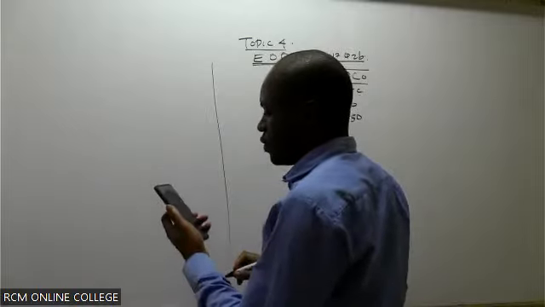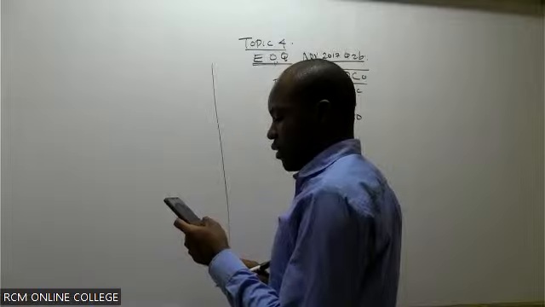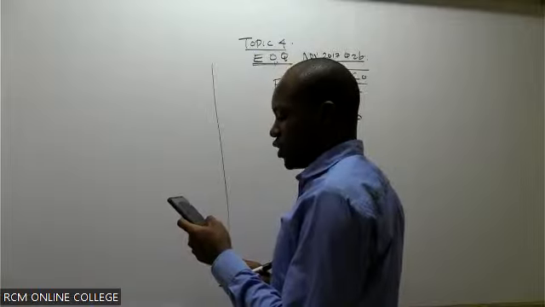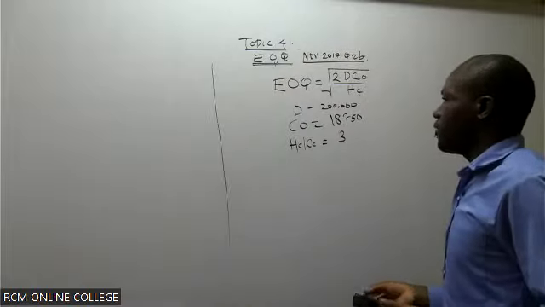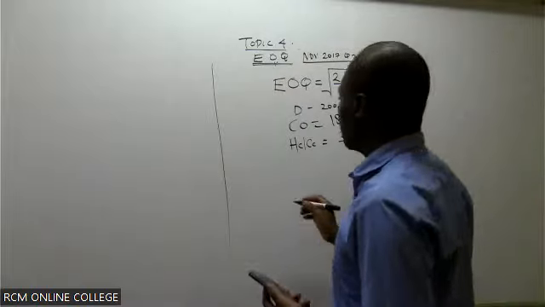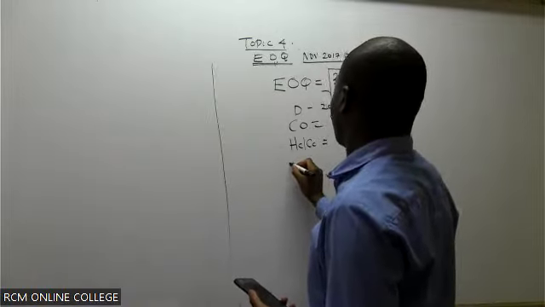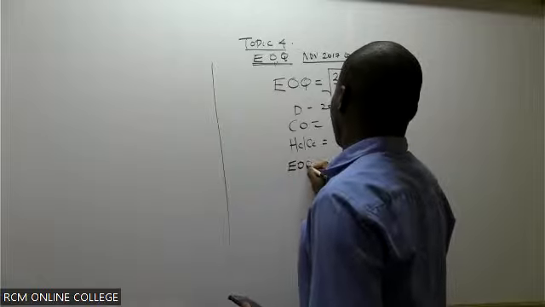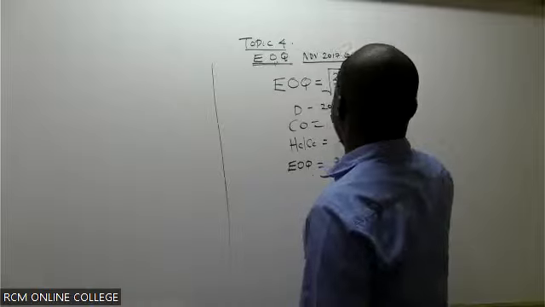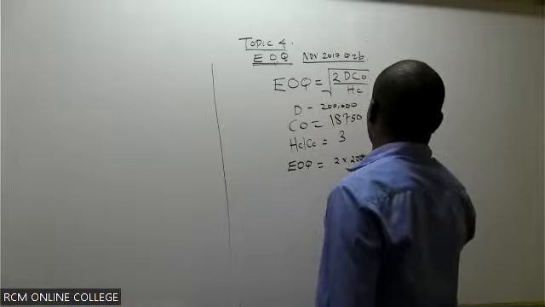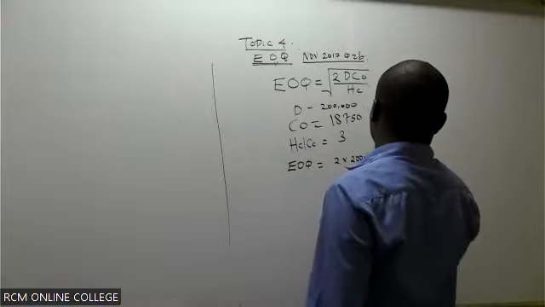So by doing that, what do they want us to do? Calculate the economic order quantity for material X. Can I give just 2 minutes to calculate that for me? So economic order quantity is equivalent to 2 multiplied by demand multiplied by ordering cost.